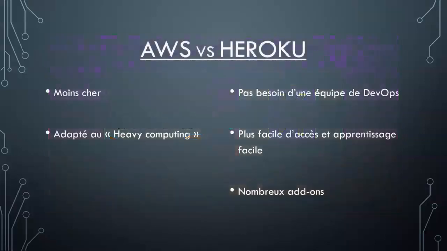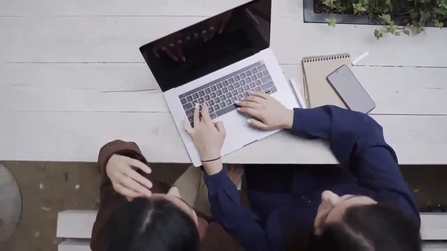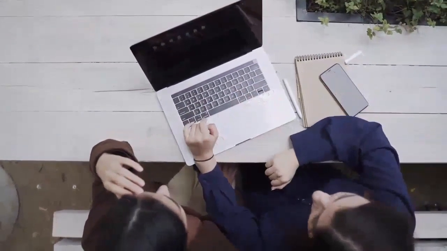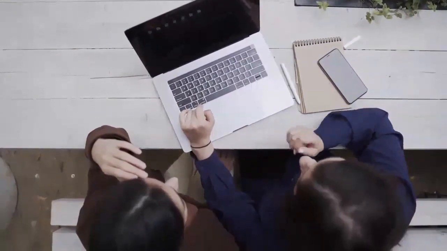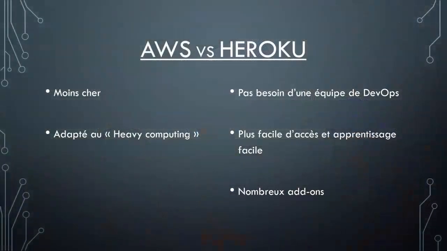You should choose Heroku if you don't want a DevOps team that will manage and configure the infrastructure. Heroku is often considered to be much more accessible to novices and startups because it's easier to learn and configure. There are also many Heroku add-ons that allow you to add more functionalities to an application with a single click.